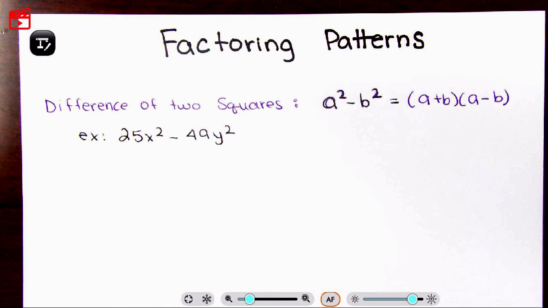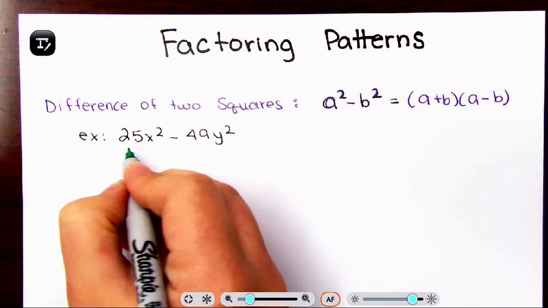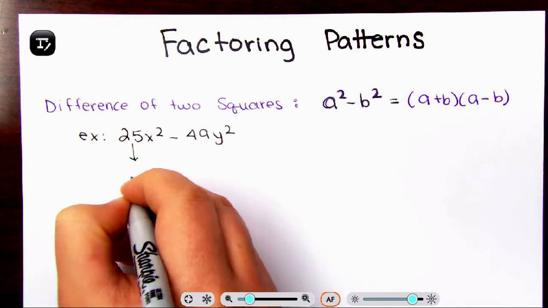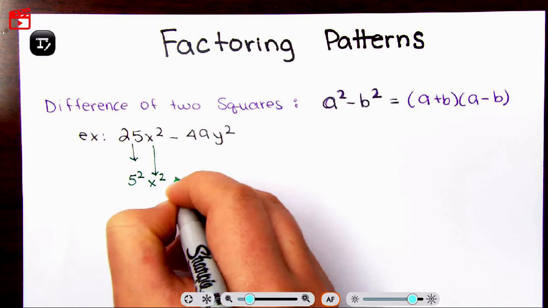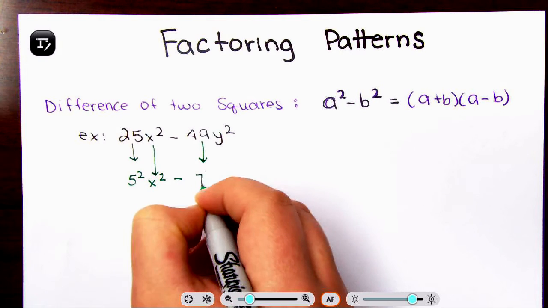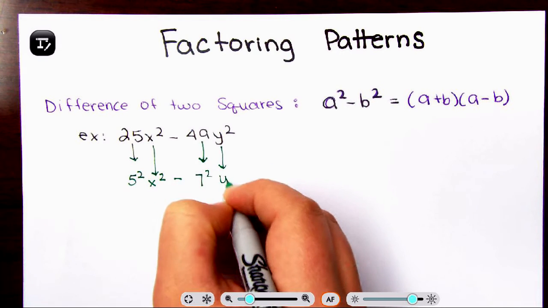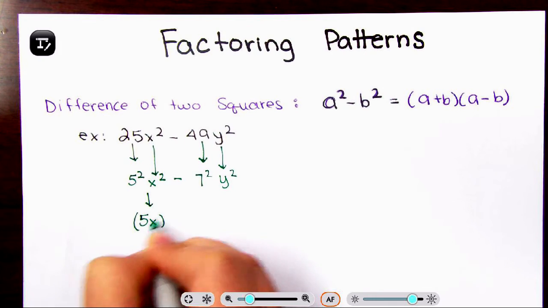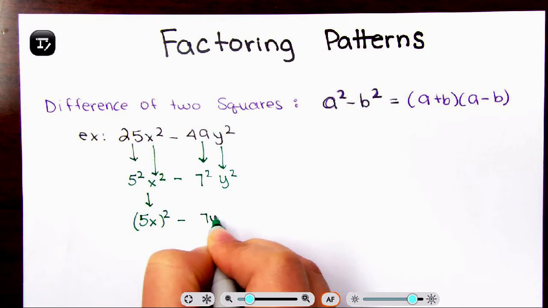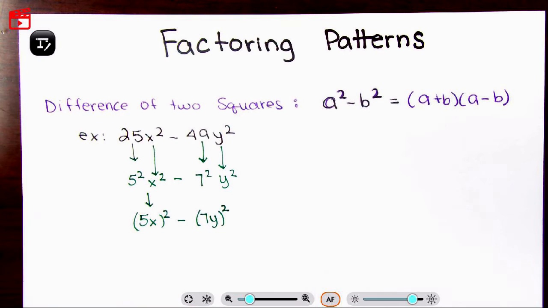This is actually a little bit of a more difficult question, but that's okay because you're in integrated math 3. 25 is 5 squared, and we have x squared, minus 49 is 7 squared, we have y squared. That means I have (5x) squared minus (7y) squared.